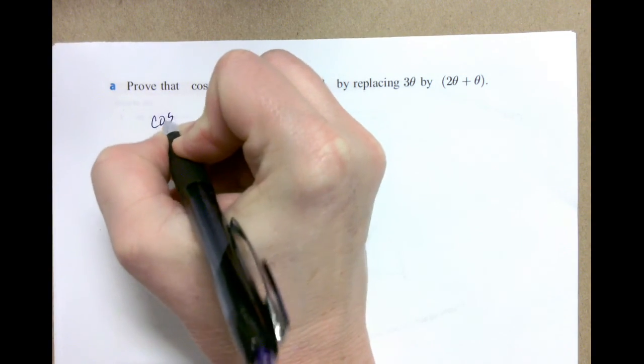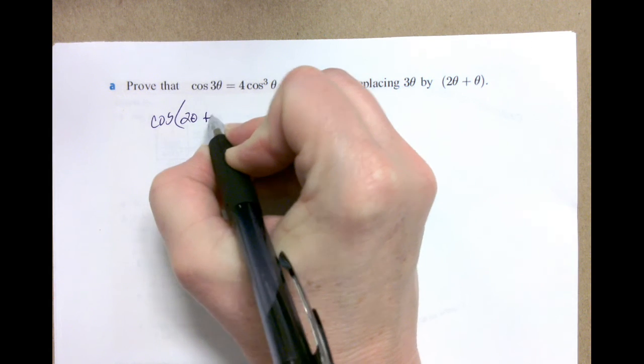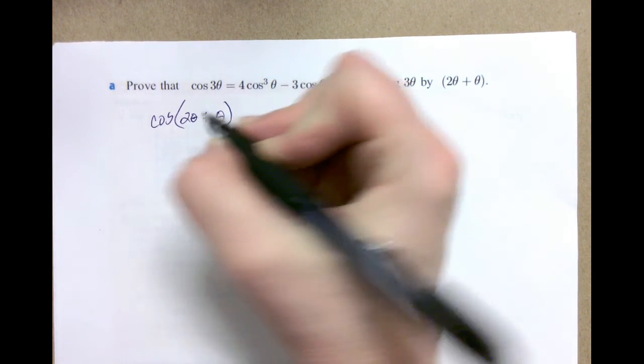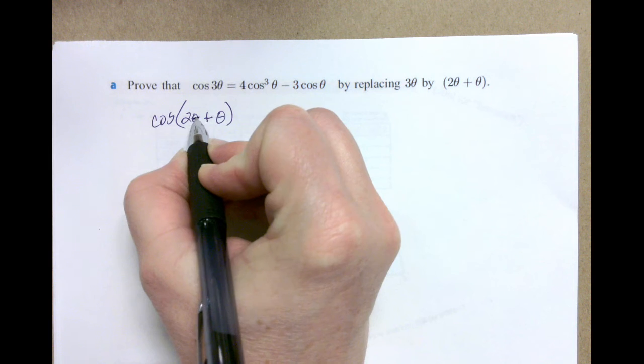You could, but you don't want to. Replace 3 theta by 2 theta plus theta, meaning that you need to start where there is a 3 theta. So right here, I would write this as cosine of 2 theta plus theta. Sorry about the 2 theta there, Annabelle.